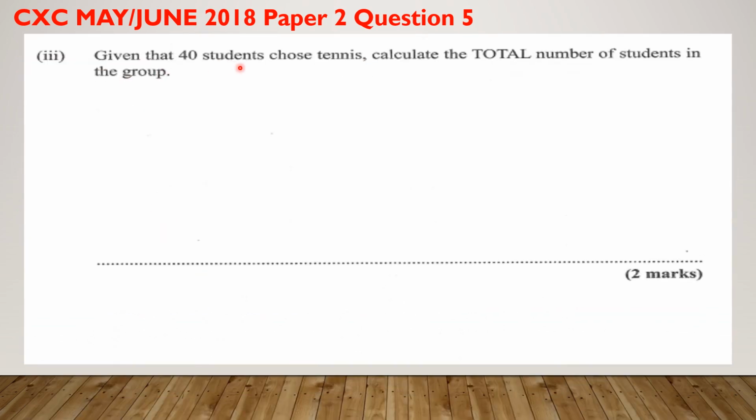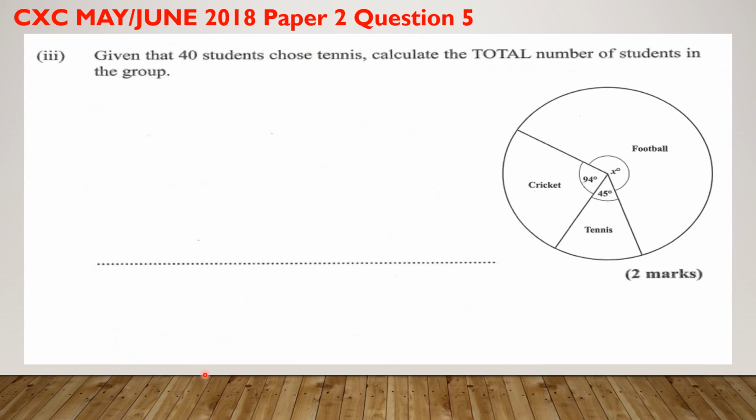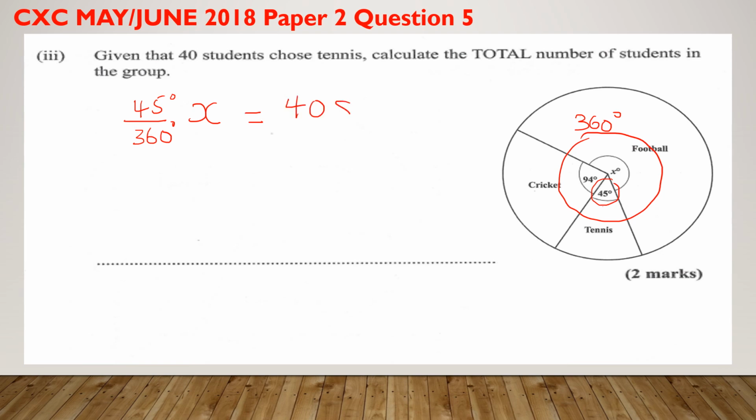Part 3, given that 40 students choose tennis, calculate the total number of students in the group. So we were told from before, this is the diagram, tennis represents 45 degrees. So what we're saying is 45 over 360, the entire circle is 360 degrees. When we multiply that by something, let's say x is equal to 40 students.